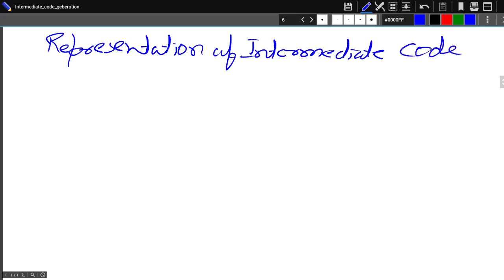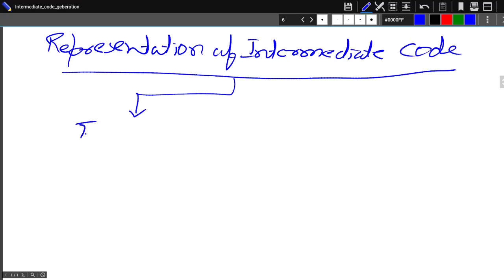Basically these intermediate codes can be represented either in a tree form or in a linear form.